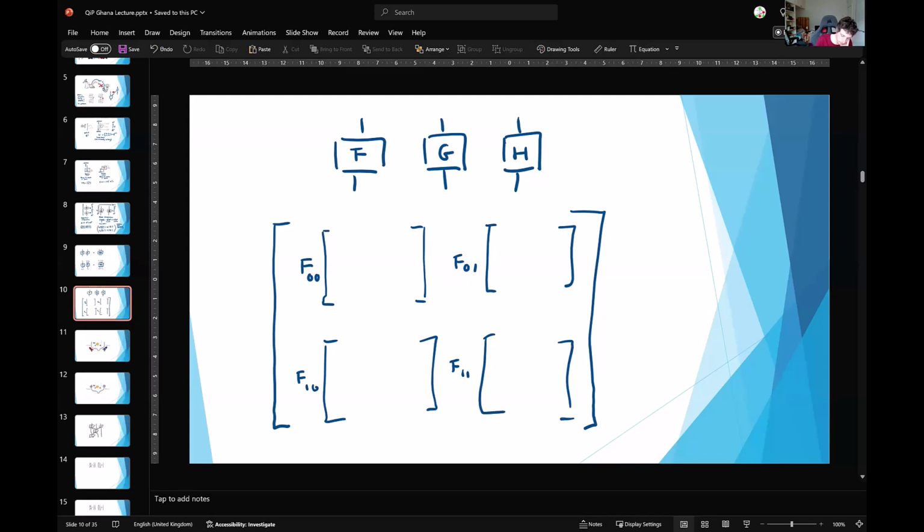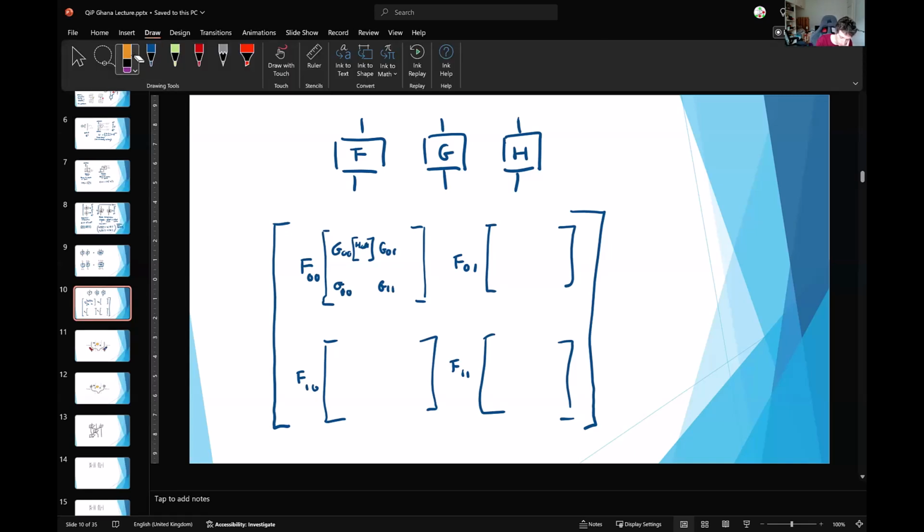So they're all the same, but they go G00, G01, G10, G11. Sorry, maybe not enough space. And here you get another block, which is H. So H00, H. Maybe I should really draw it larger.